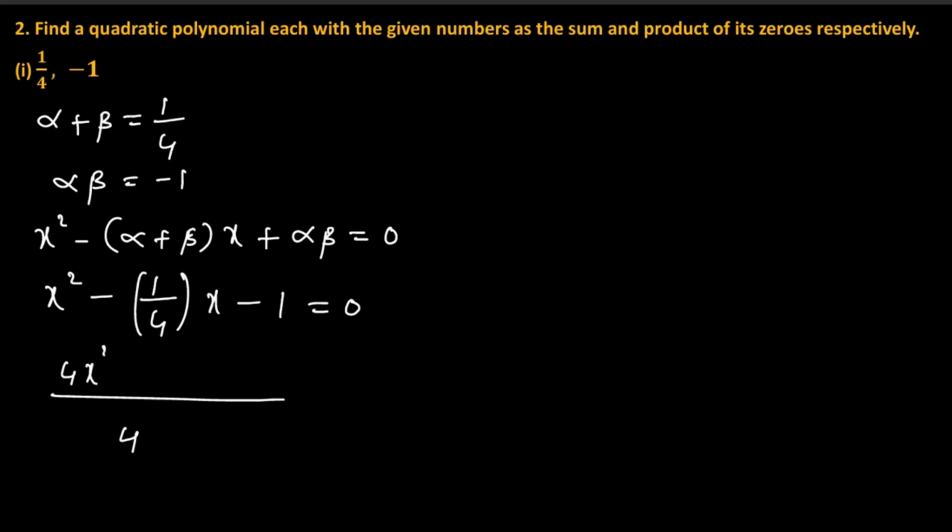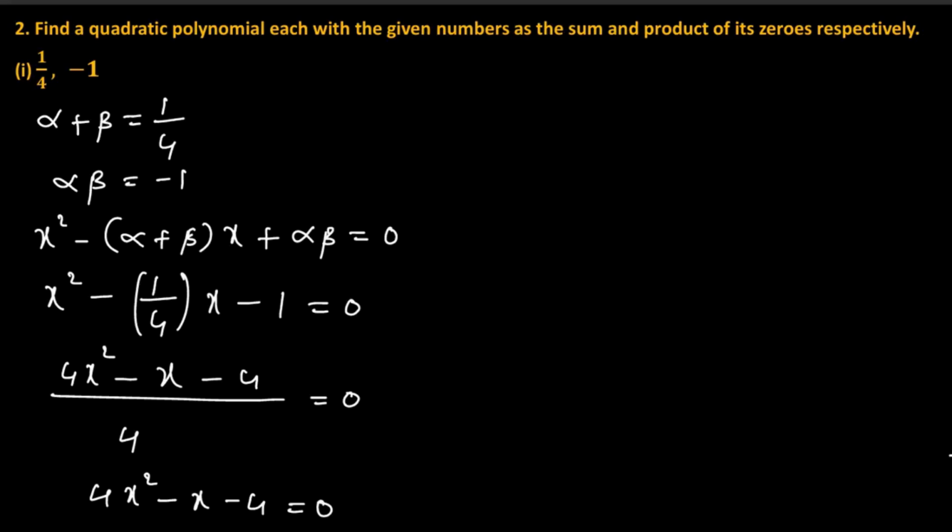So 4x square minus x minus 4 is equal to 0. No need to multiply with the x. 4x square minus x minus 4 is equal to 0.